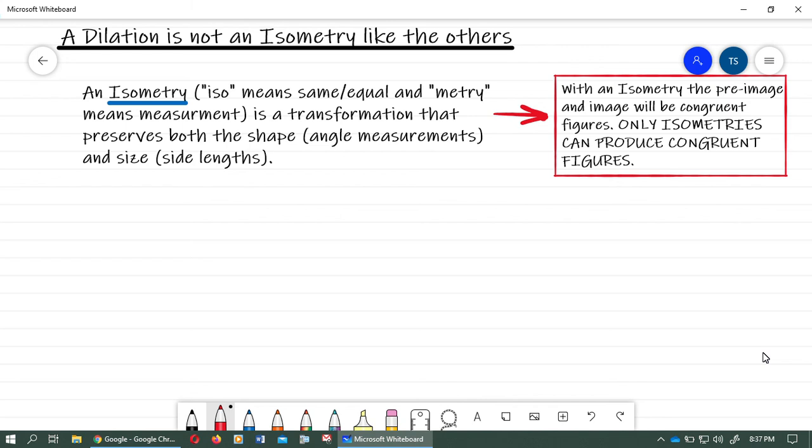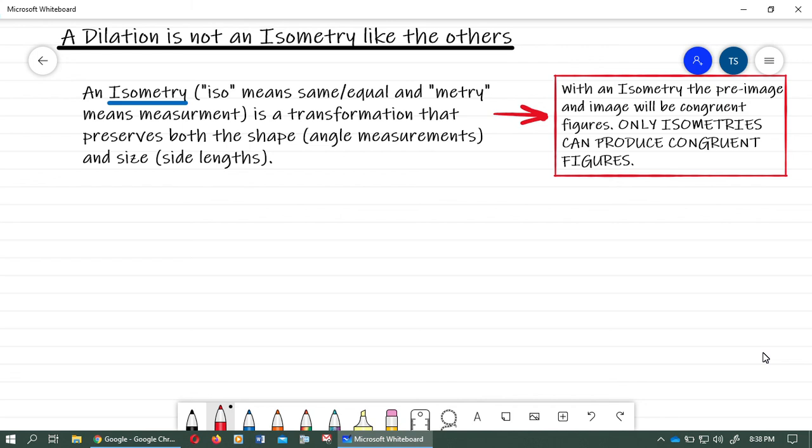Okay, and so again, guys, when you have a type of transformation that only preserves the shape, but produces a figure that is either bigger or smaller, but again, that shape is preserved, those types of figures that have the same shape, but where one of them is bigger and one of them is smaller, are called similar figures.